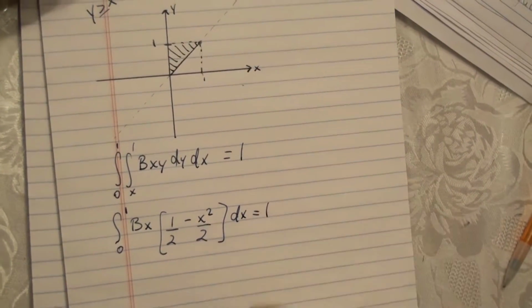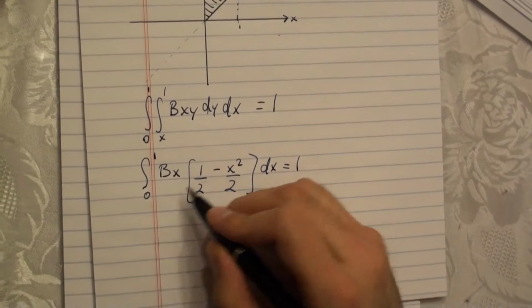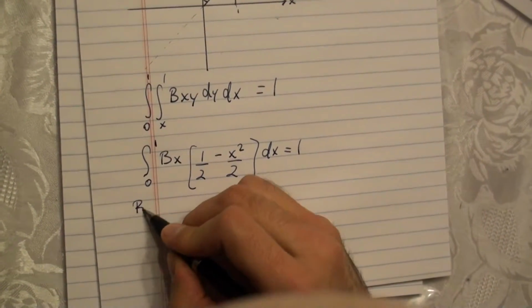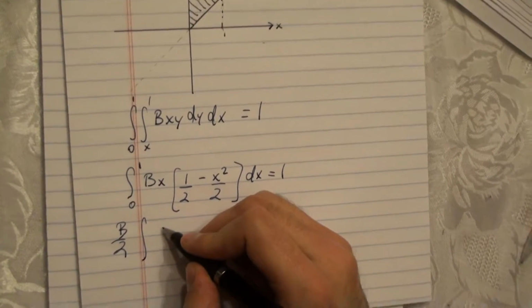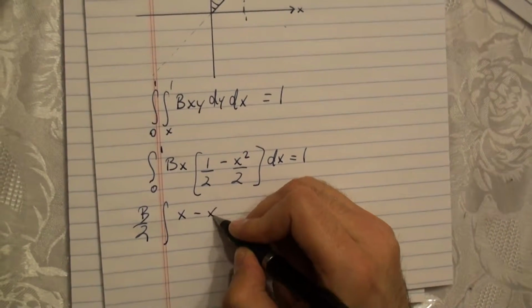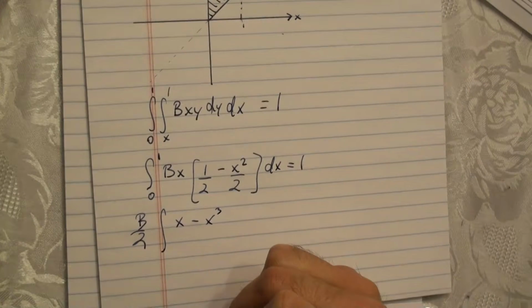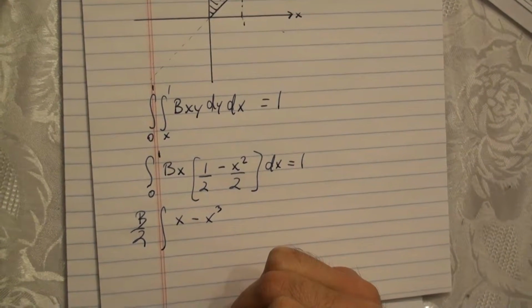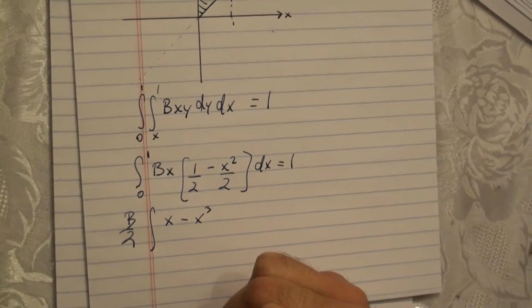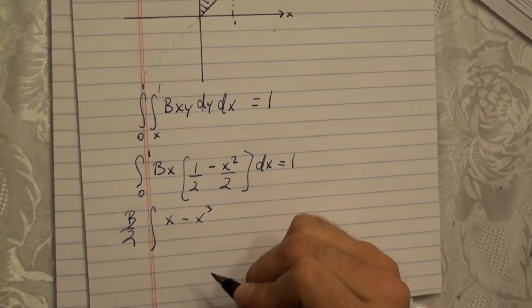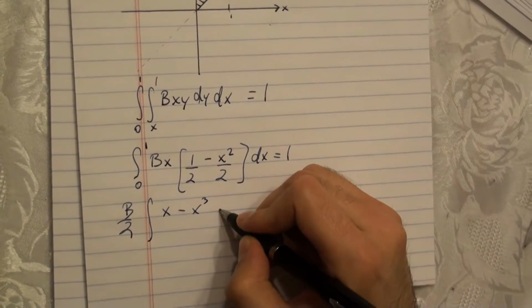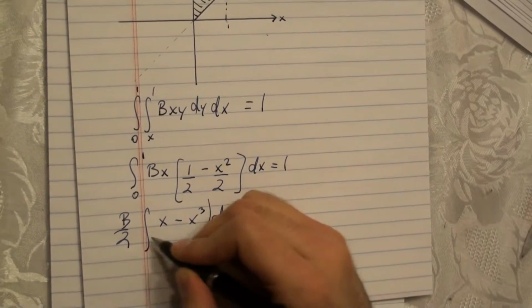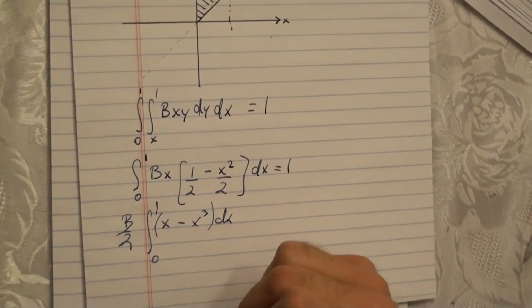This is supposed to be equal to 1. So we can take the 1/2 and the b out as a common factor. So now we're going to have an integral of x minus x cubed, right, because x comes in here, dx from 0 to 1.